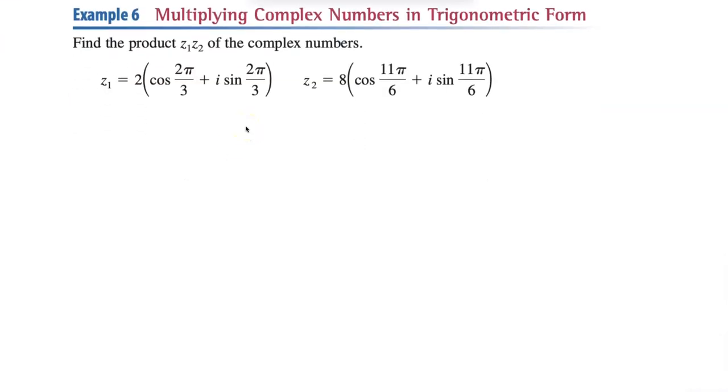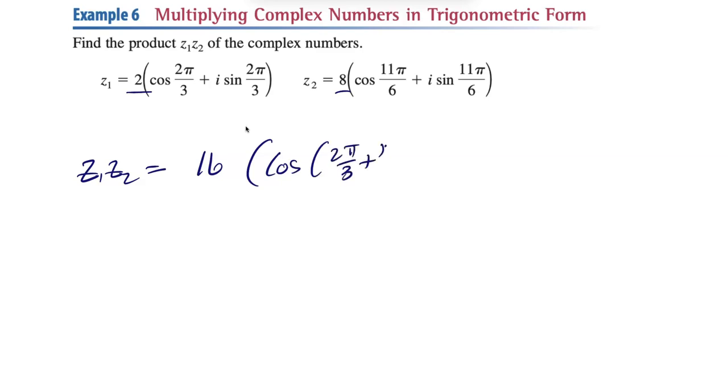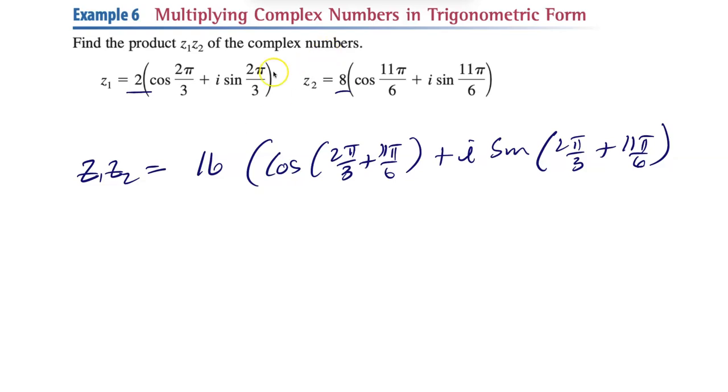Another one, you want to multiply, so z1 times z2. So again, first multiply the 2 and the 8, so we get 16. And then here we're just going to add the angles. So 2 pi over 3 plus 11 pi over 6, and then i sine of 2 pi over 3 plus 11 pi over 6. If we're going to add these, we need a common denominator. So let's multiply by 2 over 2.